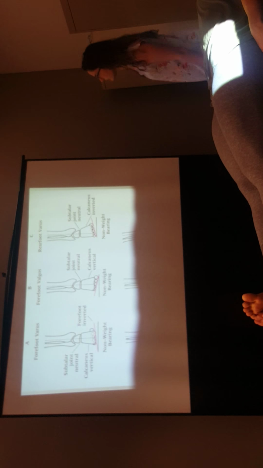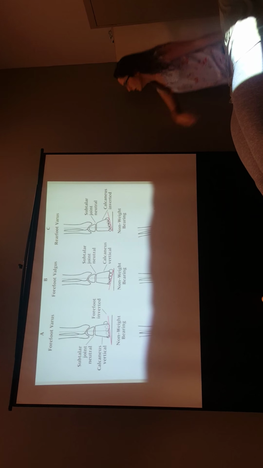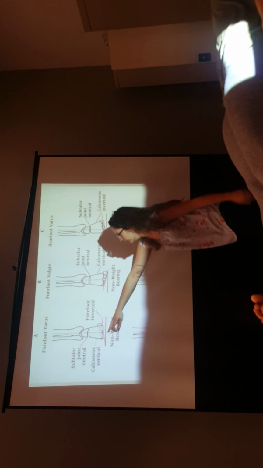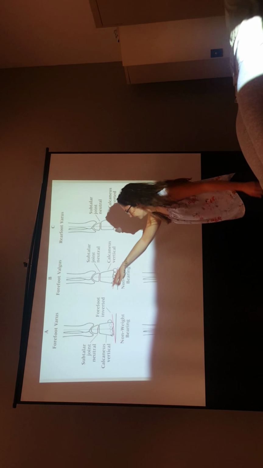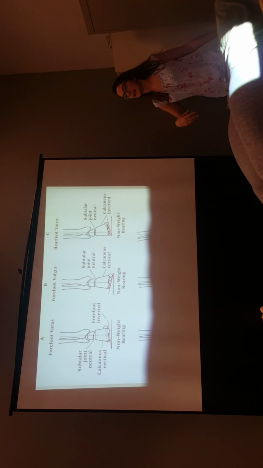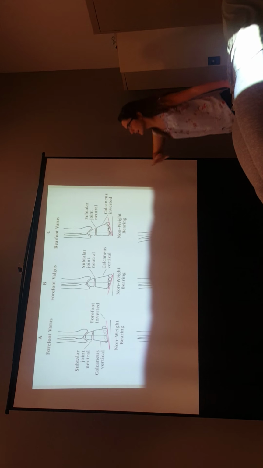So forefoot and rear foot varus are associated with pronation, forefoot valgus with supination. The best way to remember is if you can figure out these lines and how they are, it's going to help you remember what type of correction you're going to need. So what type of wedge do you think forefoot or rear foot varus is going to need?